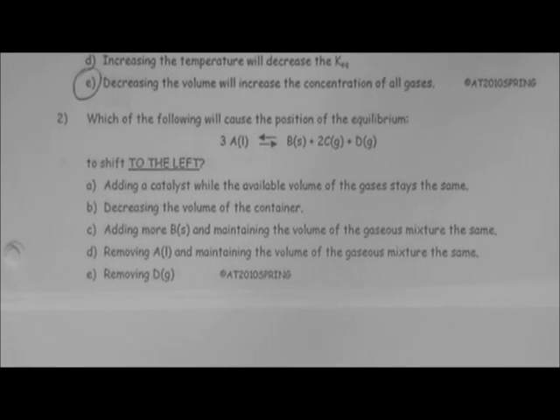So now it's like I'm compressing it, and therefore the position of equilibrium is going to change. Which way? You want less, so it's going to produce even more? Yeah. So if I put, let's say, liquid A, guess what's going to happen? More gas is going to form. Do you get it?